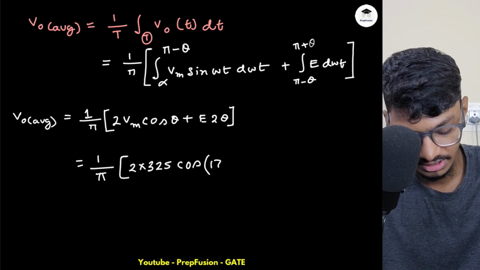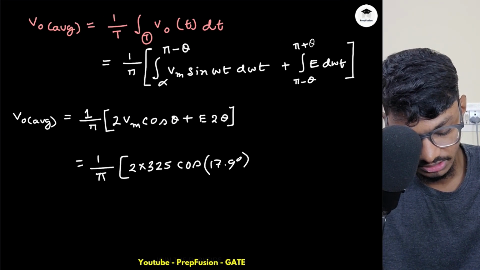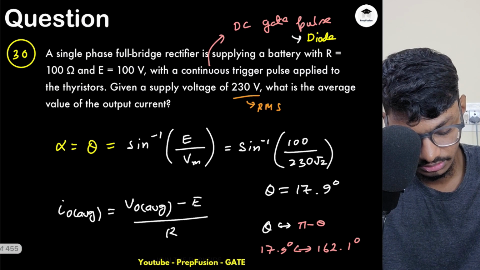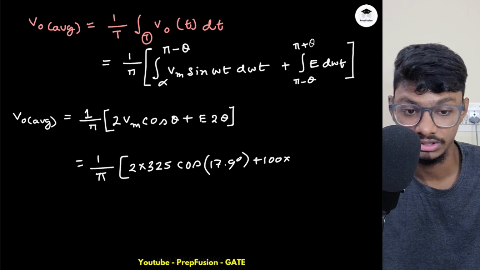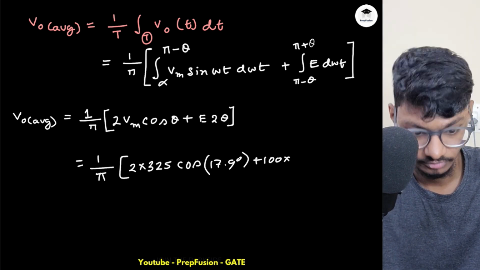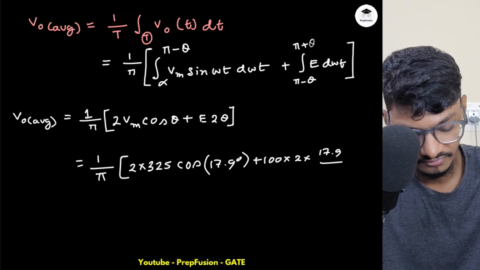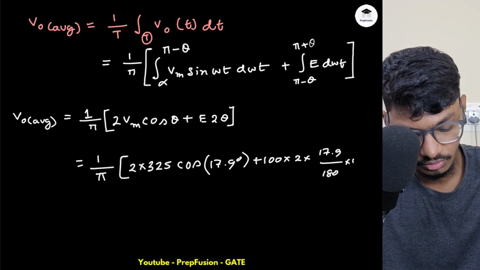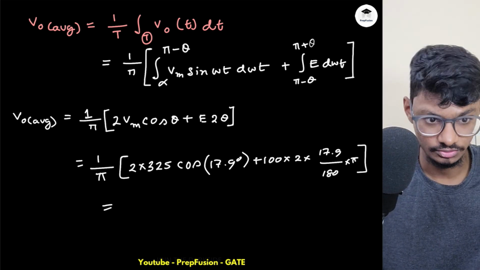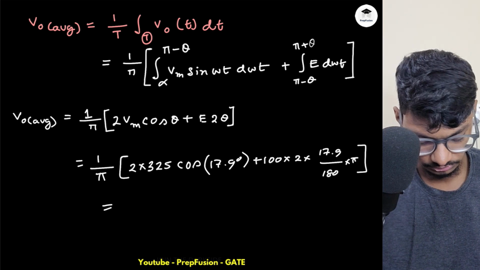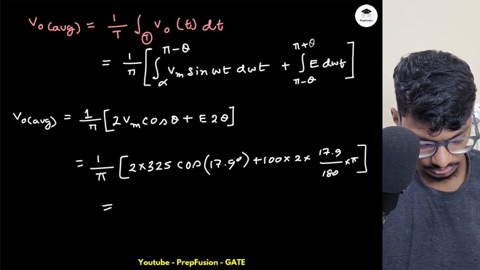Cos of theta, 17.9 degrees, plus E, which is 100, into 2 theta. Remember, this theta is in radians. Do remember that. So 2 times theta is 17.9 divided by 180 into pi.